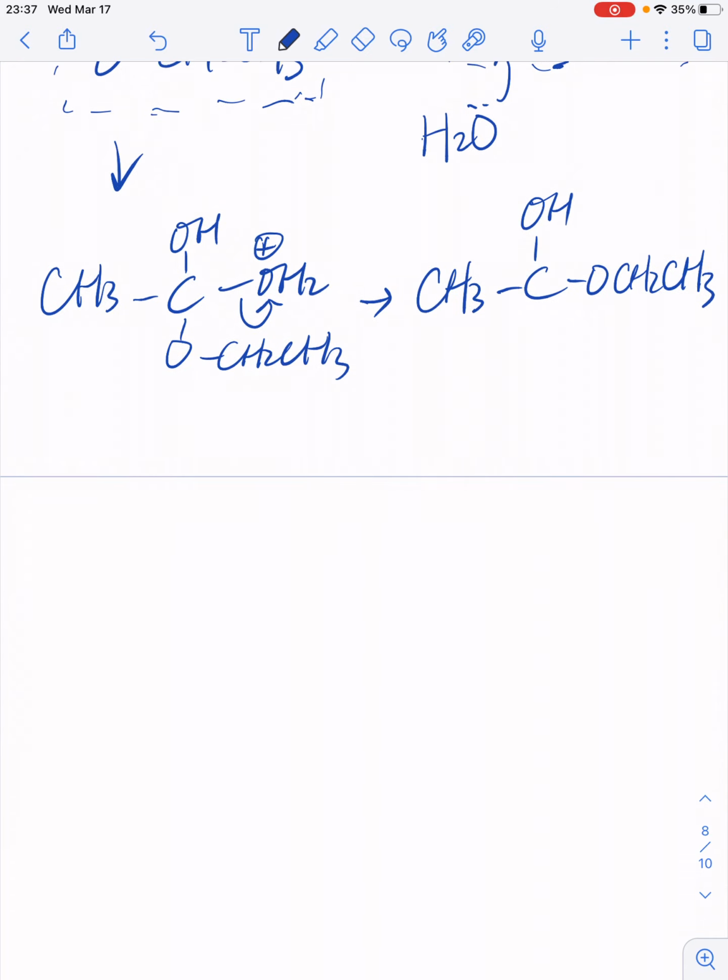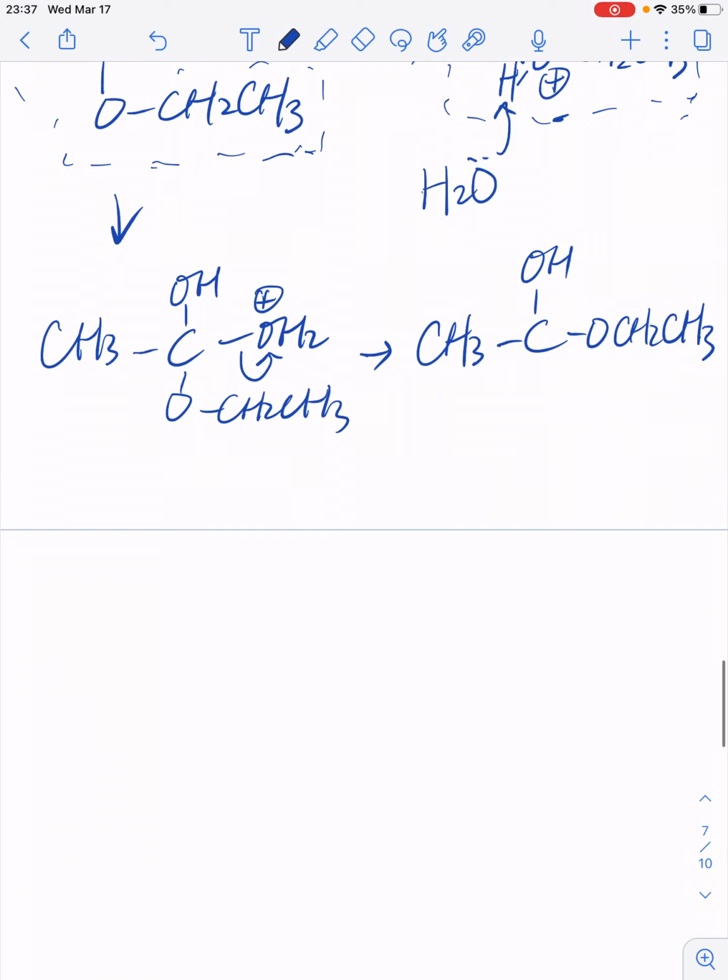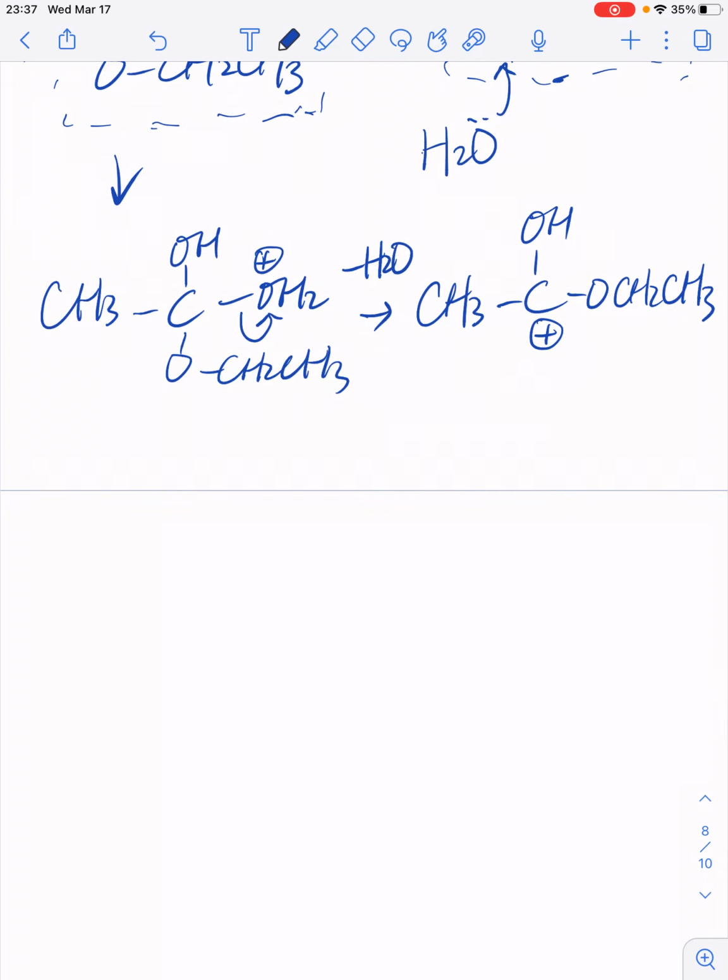All right, so I kicked off water, which is neutral, and I started with the intermediate carrying one positive charge. I'm missing something. There it is. There's my cation, right? It's a carbocation.